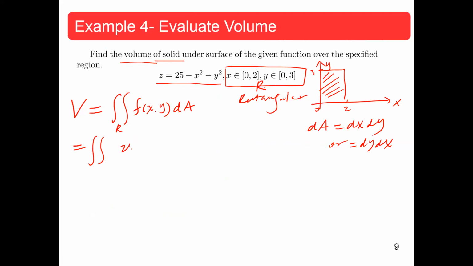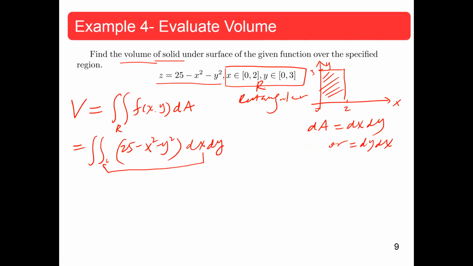The function will be 25 minus x squared minus y squared. The dA could be dx dy, could be dy dx. Let's see, if we go dx dy, then x would match this integral. Therefore, the value would start at 0, end at 2.